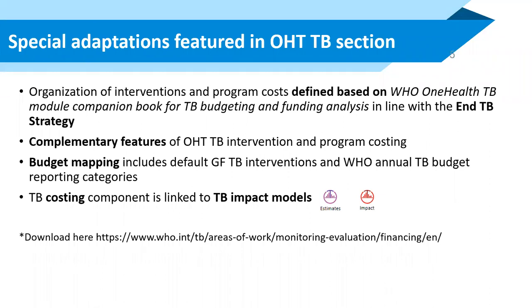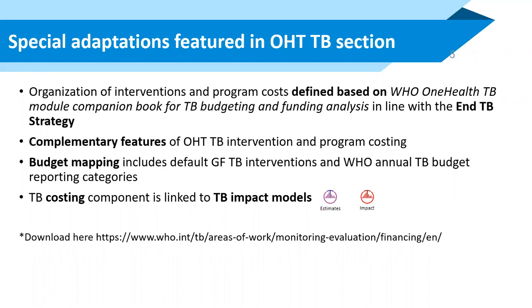There are a number of special adaptations for OneHealth Tool TB. The first is that interventions and program costs have been defined based on the NTB strategy and the WHO OneHealth TB module companion book. If you wish to download that companion book, the website for it is at the bottom of this screen.